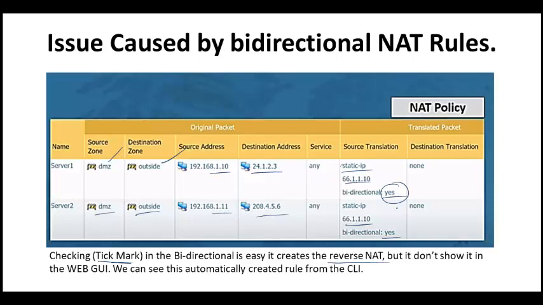If traffic comes from here to this address, then it needs to get translated to this. That's what we expect, right? We don't see those things in the web GUI. It gets created and you can see it in the CLI, the return NAT policy. The NAT policy for the return traffic automatically gets created.